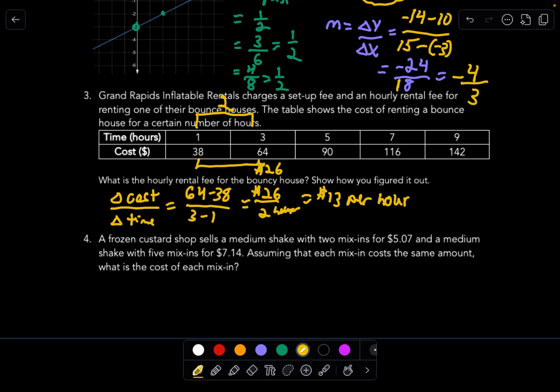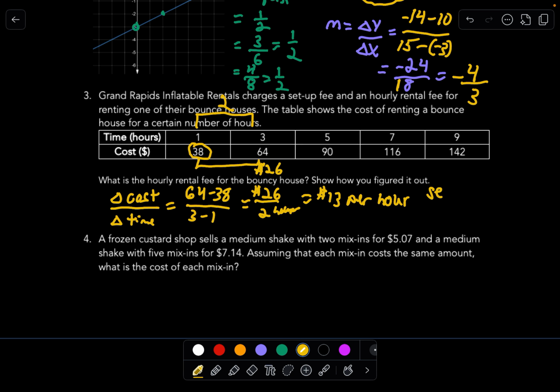All right. Now notice something. That tells you that for 1 hour they're going to charge you $13. But do you notice that they actually charged $38 for 1 hour? That's because there's a setup fee. All right, and the setup fee is going to be the difference between $38 and $13.